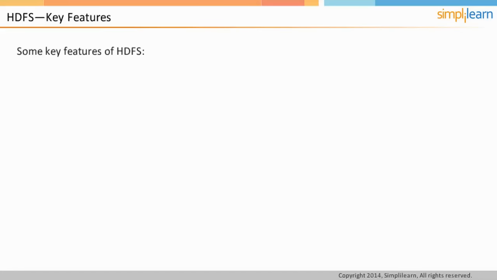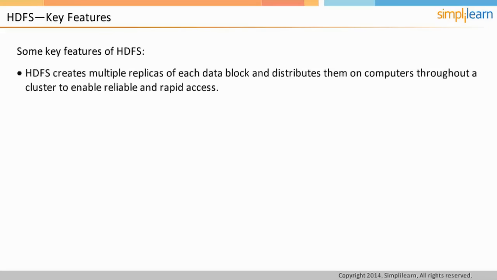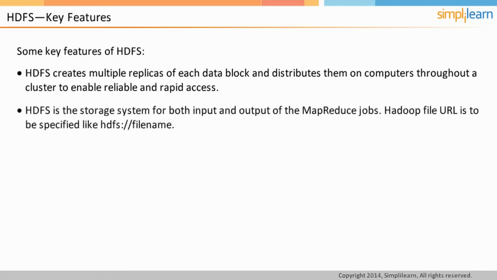The key features of HDFS are as follows. HDFS creates multiple replicas of each data block and distributes them on computers throughout a cluster to enable reliable and rapid access of data. HDFS is the storage system for both the input and output of MapReduce jobs. The file system can be accessed by using the HDFS protocol to perform I/O operation on the file which is stored in HDFS.